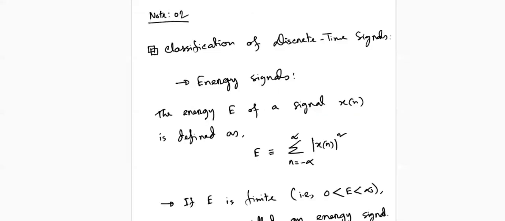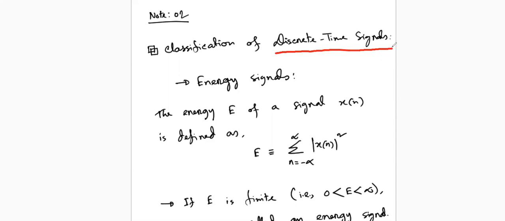Now, starting from chapter number 2 from Proakis, you should also start to read that chapter, where in the first section we'll try to classify signals. We need to start to know about the classification of discrete time signals.